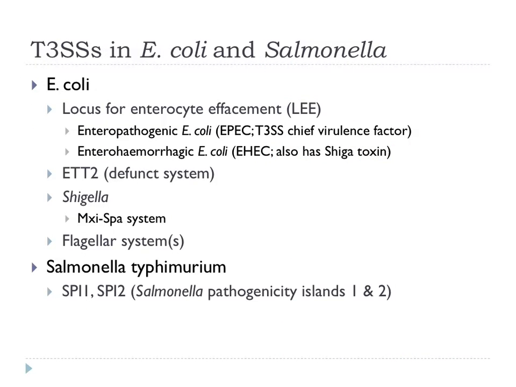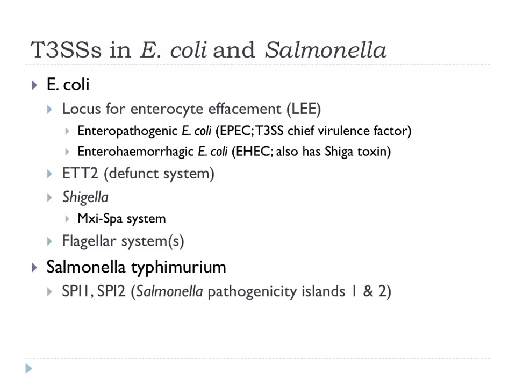Okay, so far we've spoken in very broad terms about type 3 secretion. Let me just now focus in our efforts a bit more and talk about type 3 secretion in E. coli in particular. We mentioned Salmonella in passing. But in E. coli, we have this locus for enterocyte effacement, or the LEE, which is found in enteropathogenic E. coli and enterohemorrhagic E. coli.